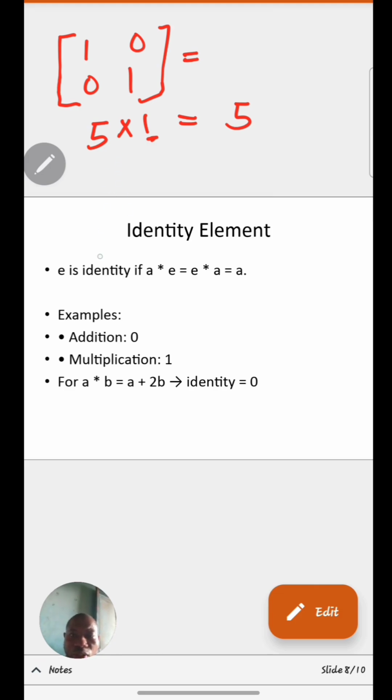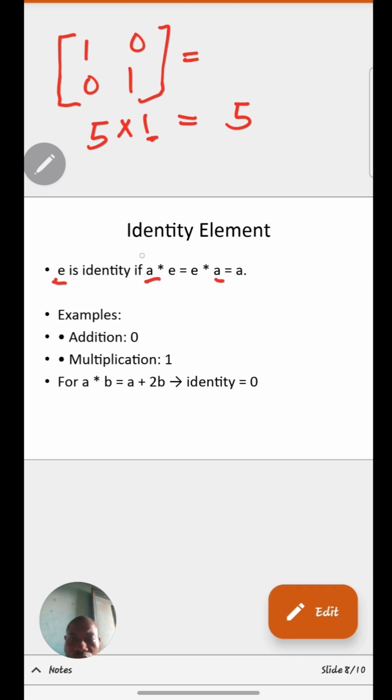Anytime you are looking for the identity, it is always in this form. Here the identity is represented by E. E is the identity if A operation E is equal to E operation A, which is equal to that same A. It's like we are combining a number with another number that will not change the value of that number.